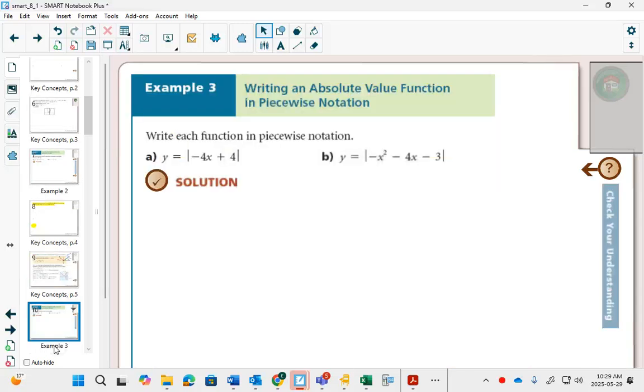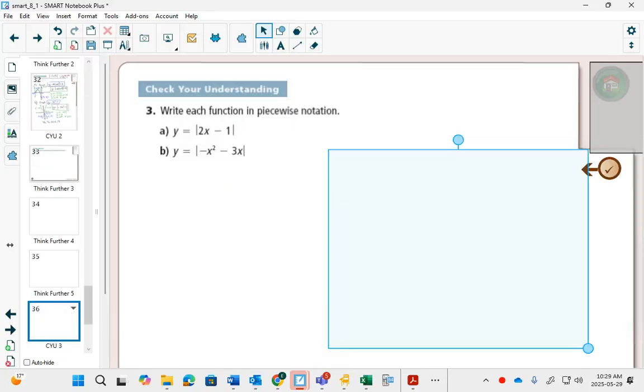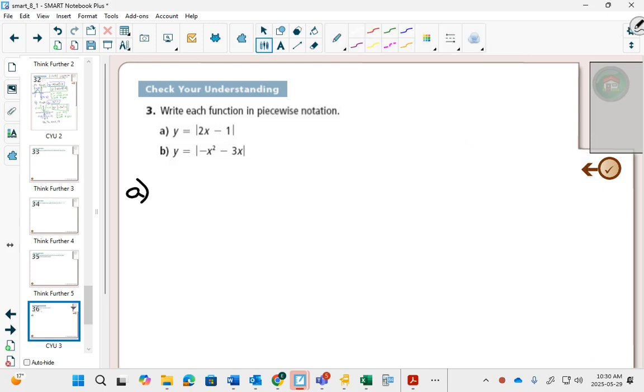So when we go to our example here, we want to write each of these in piecewise notation. What we have to figure out is where that x-intercept is. Right? So again, sometimes it's helpful to start with the graph. If I started with the graph, I could grab the inside 2x minus 1.